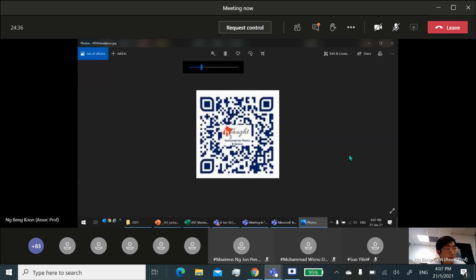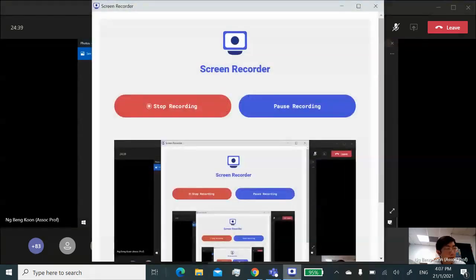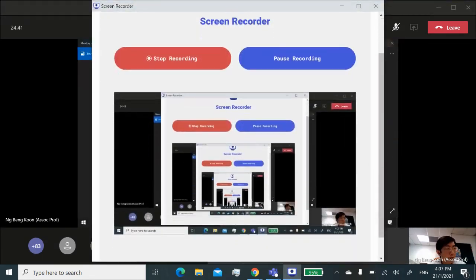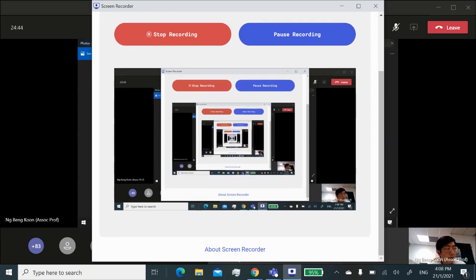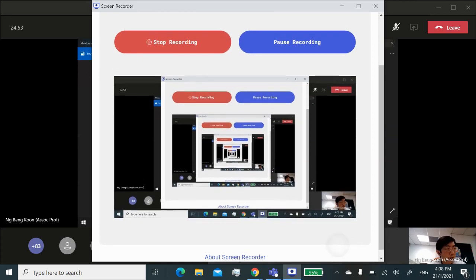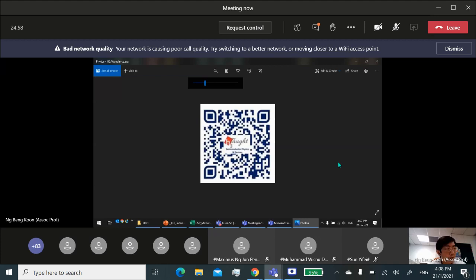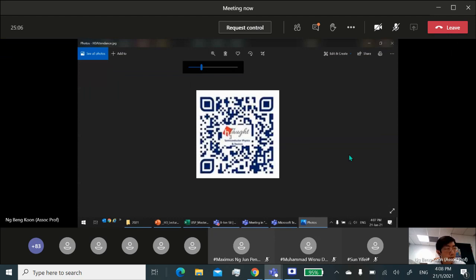Okay, everyone still need this QR code? Okay, maybe what I can do is I'll put it in the chat. Okay, so if you need the QR code for the attendance, you can go to the chat and scan there.